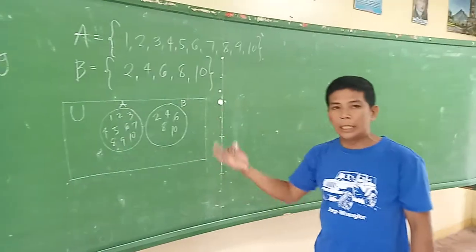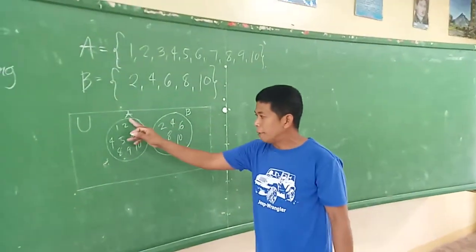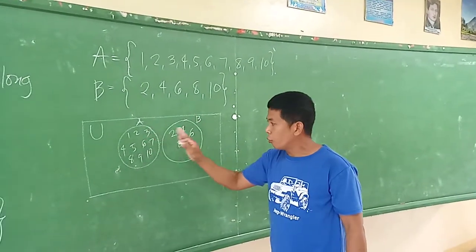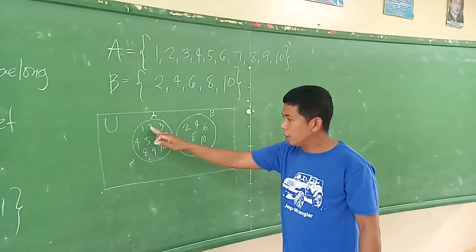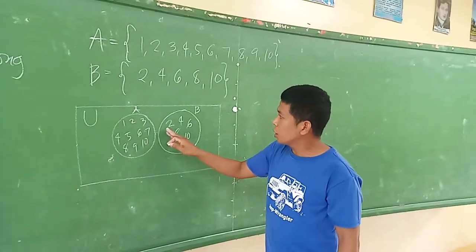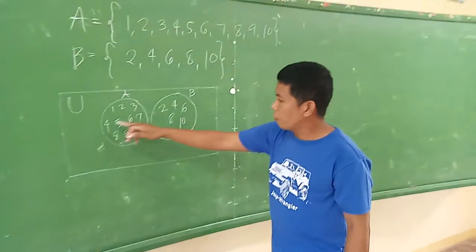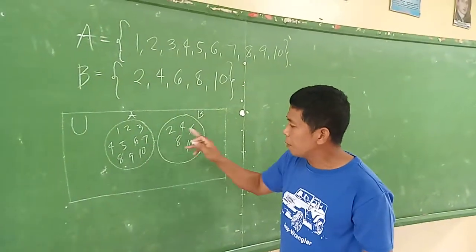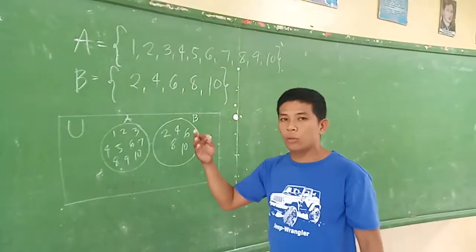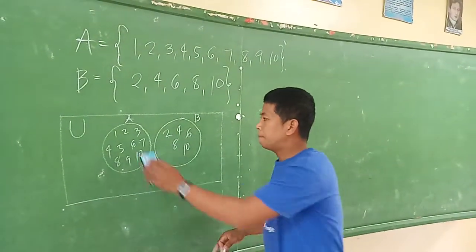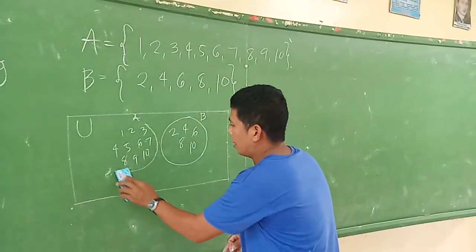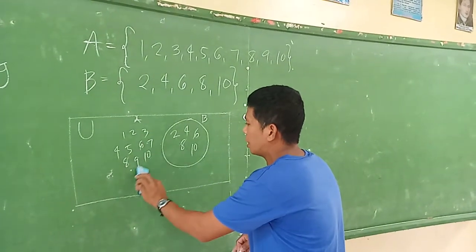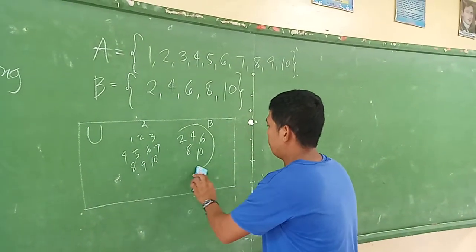But notice that set A and set B have elements in common. In set A, 2 is common; in set B, 4 is also common. Also 6 in A and B, and also 8. We are going to make another diagram to represent the two sets.